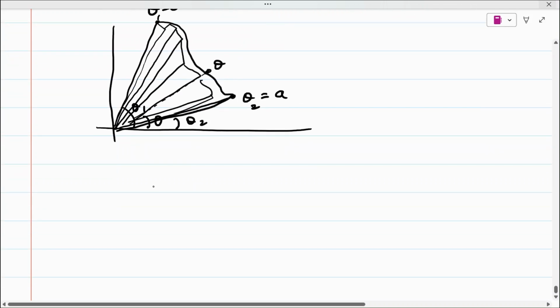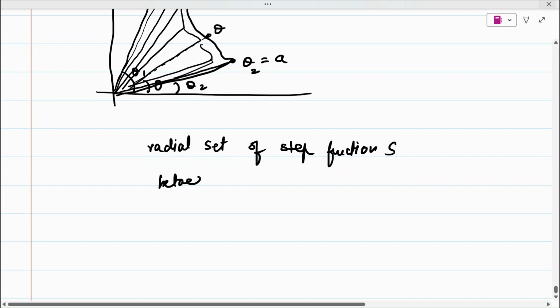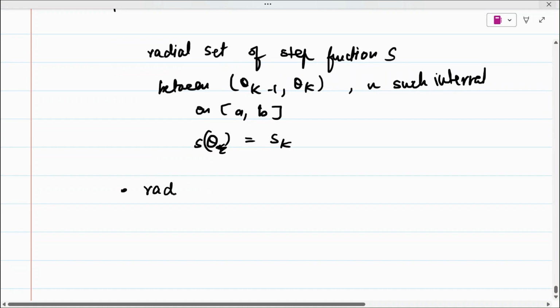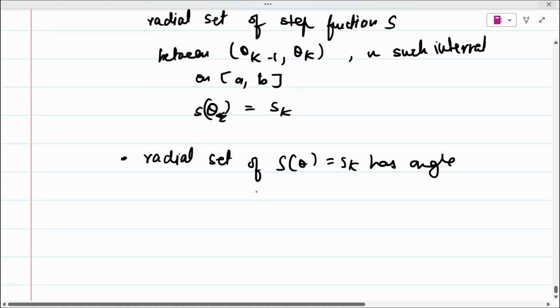So then we say the radial set of a step function s between theta k minus 1 and theta k, and there are n such intervals, so it contains from a to b, and s of theta in that interval k is equal to s_k. Then the radial set is a sector with angle the difference of those angles, theta k minus theta k minus 1.